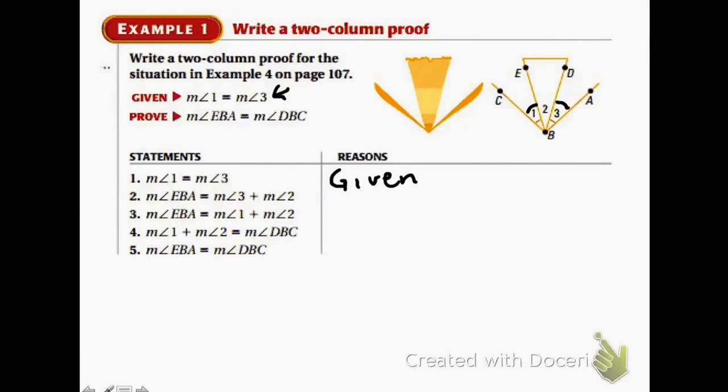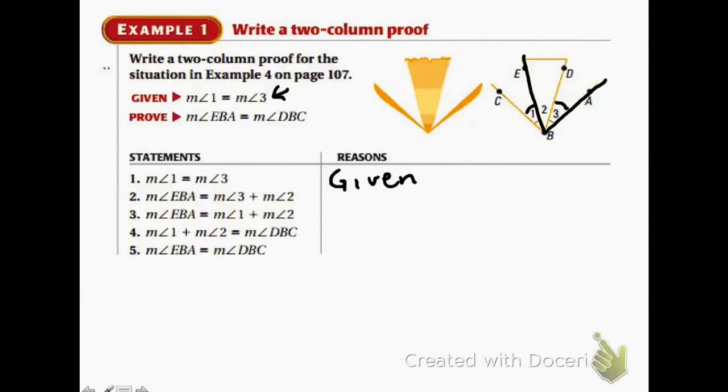Now what we're trying to prove is that angle EBA is congruent to angle DBC. So those are the two angles that we're trying to prove are congruent to each other.